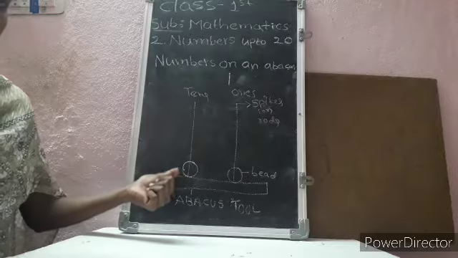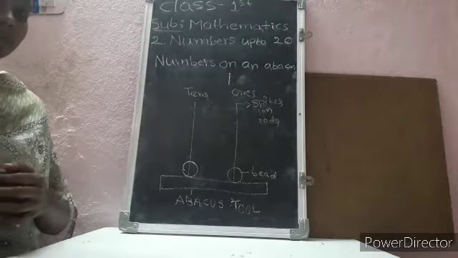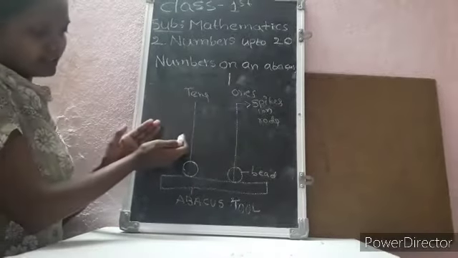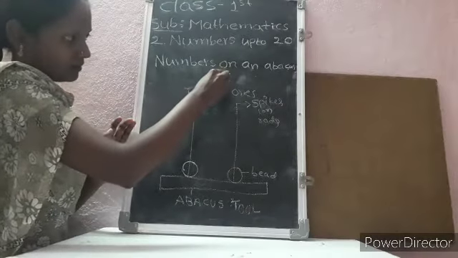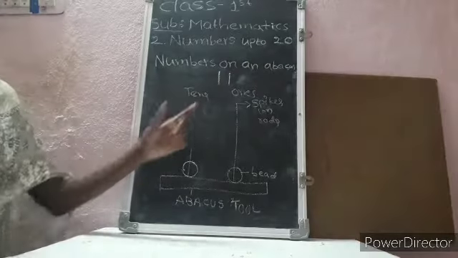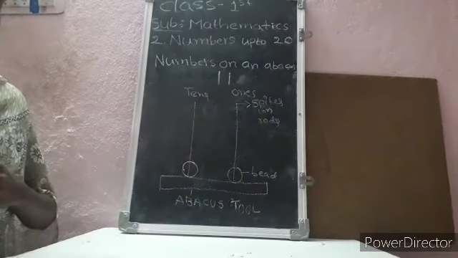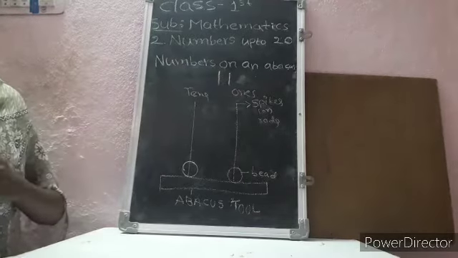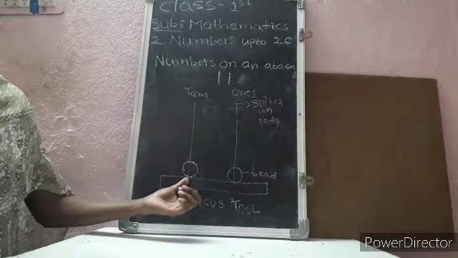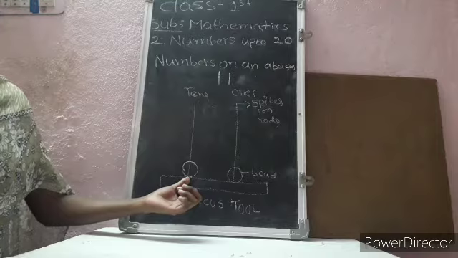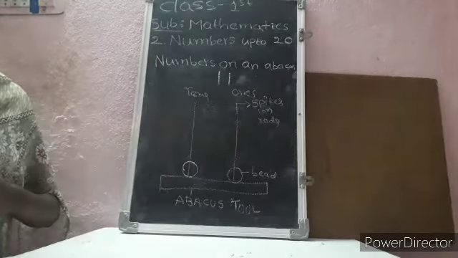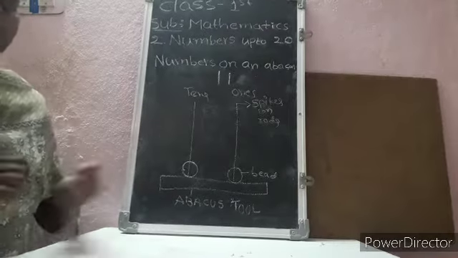How many beads are there in tens place? Only 1. This is the left side. So 1. So what is the number? 11. This abacus tool represents the number 11.